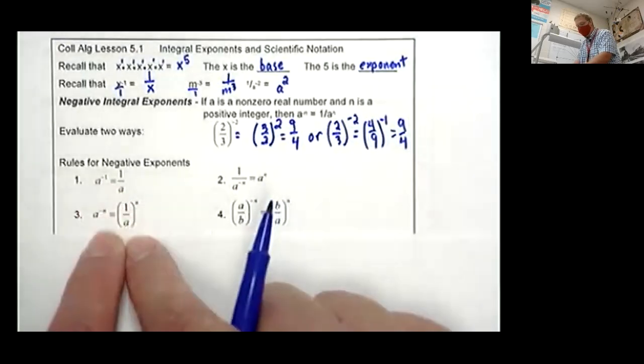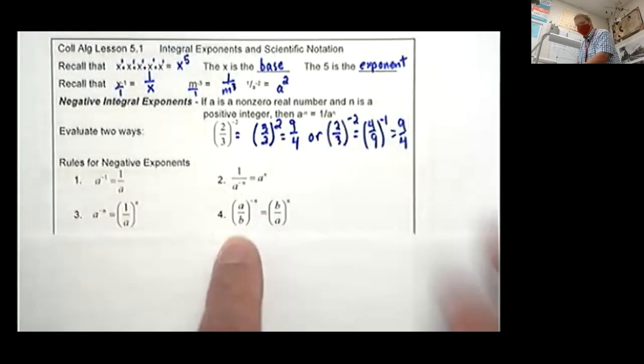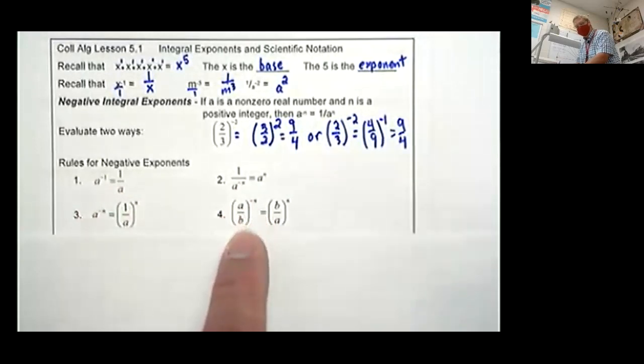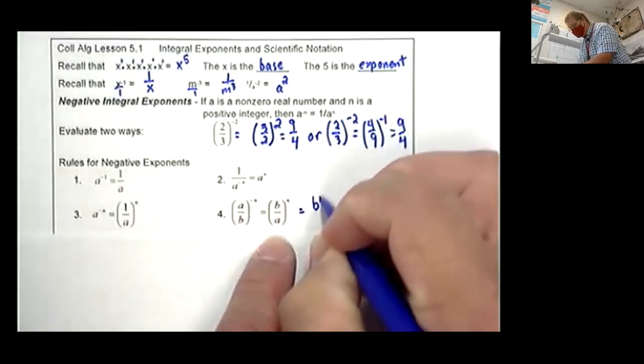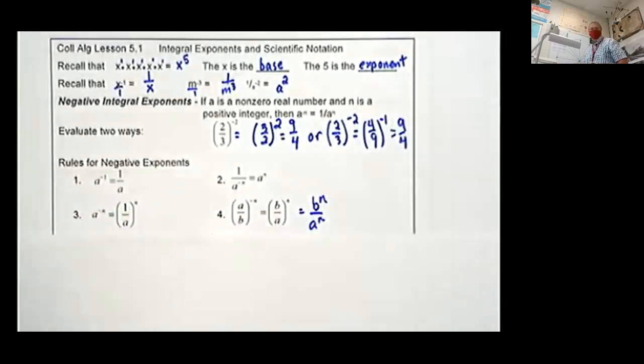We can do a quantity a over b, again, this is like our fraction example. If we have a over b to the negative n, the negative exponent is going to flip the fraction. So now we have b over a to the power of n. Later on, we'll see that this is actually going to be b to the n over a to the n. That's a little bit later, but that is equivalent.